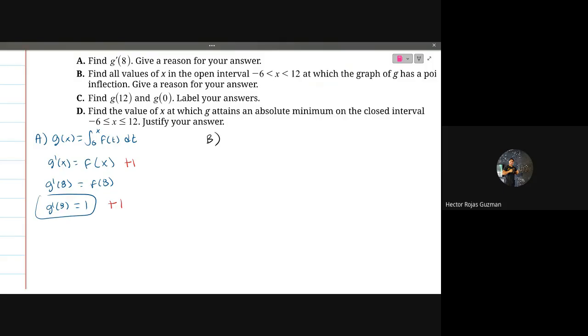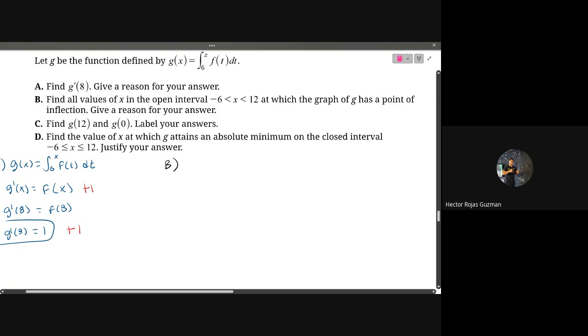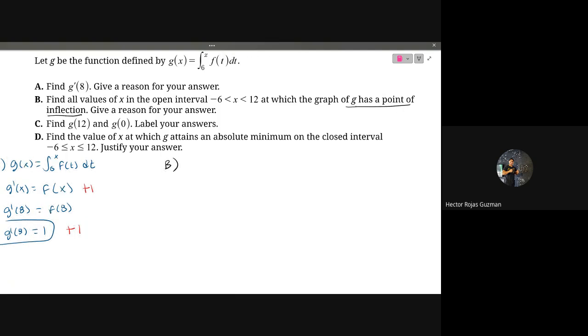B. Find all values of x where G has a point of inflection. Okay, we already know that G prime of x equals f of x. If you want to find a point of inflection, you need the second derivative. So G double prime equals f prime. Then, to find these values, you got to make the derivative either equal to 0 or undefined.